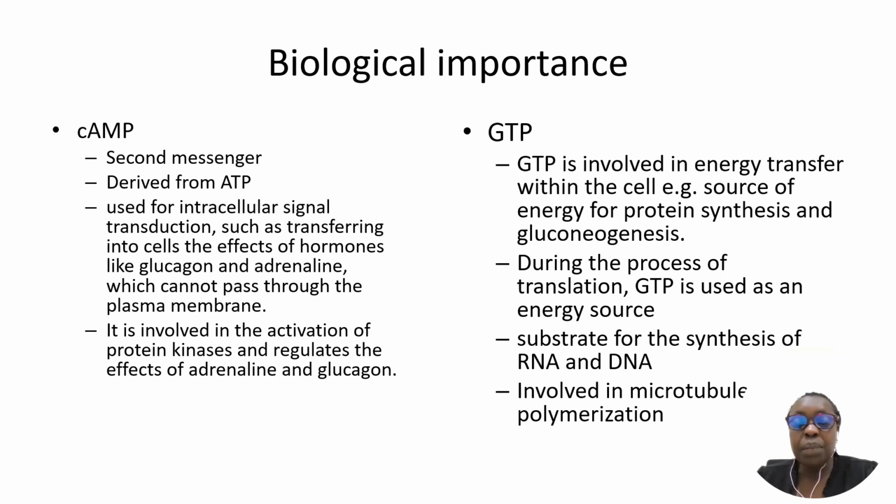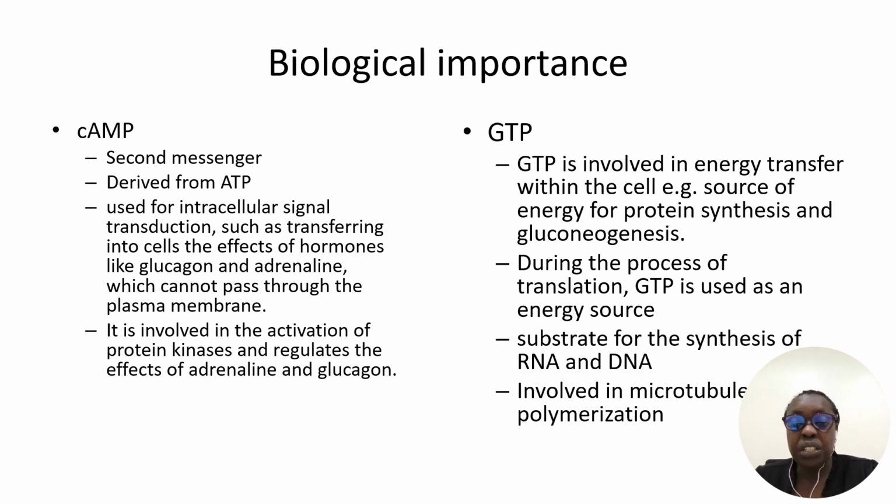The other nucleotide of biological importance is GTP. GTP is involved in energy transfer within the cells, and it serves as a source of energy for protein synthesis and even in other processes like gluconeogenesis, where a new molecule of glucose is formed. It is also very important in translation. We're going to see it in molecular biology, where it serves as a source of energy instead of ATP.